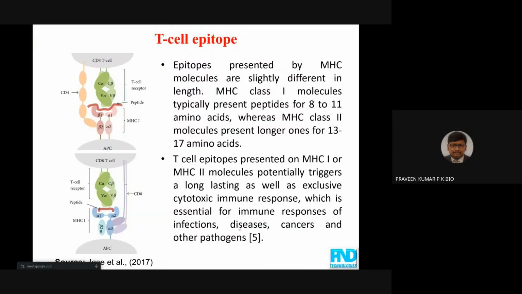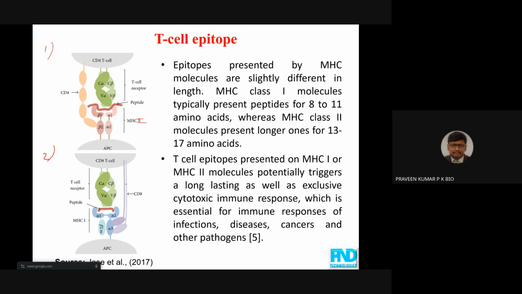Now let me go ahead with the T cell epitope. I told you we can classify T cells into two types: one is TH and the other is TC. This CD4 T cell generally interacts with the MHC2 molecule of the APC.